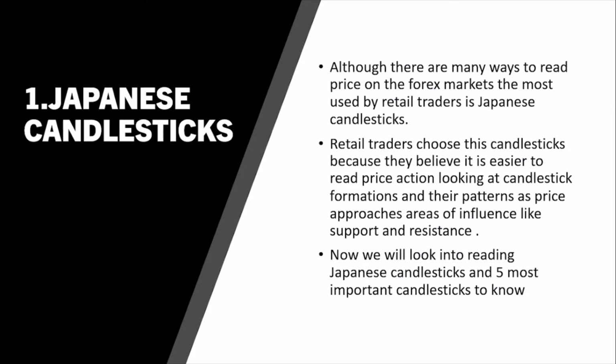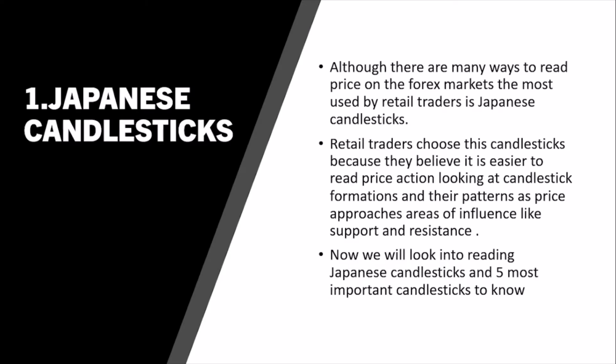So we have different formations on a candlestick, looking at the open of the candlestick, where it closed, the wick, how big is the body, how small is the body, how big are the wicks. Being able to read the chart, we are able to read a little bit more into price action by understanding the formation of a candlestick and the candlestick patterns formed by a certain number of candlesticks: your head and shoulders, your inverse head and shoulders, your double top, your double bottom.